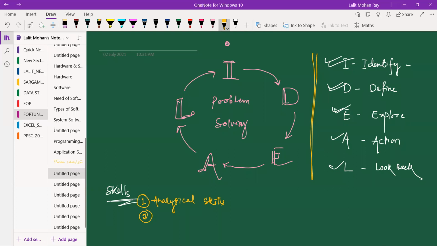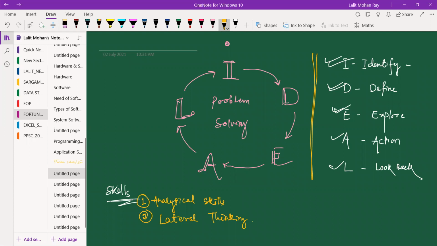Number two is lateral thinking. What is this? It involves looking beyond the obvious and usual modes of your thought, throwing away preconceptions and using your inspiration and imagination to solve problems.